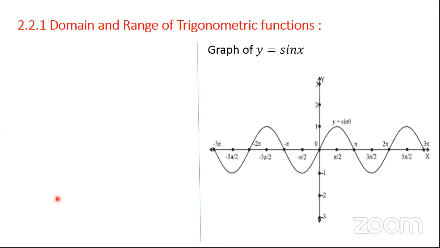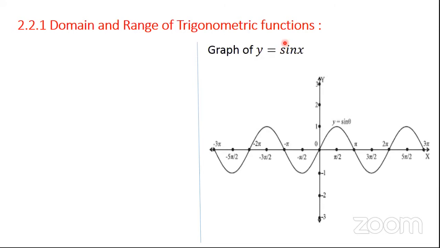Now we will see domain and range of all the 6 trigonometric functions. We now study sine theta, cos theta, tan theta as functions of a real variable. That variable may be denoted by x or theta, that is the angle, and that angle is measured in radians.